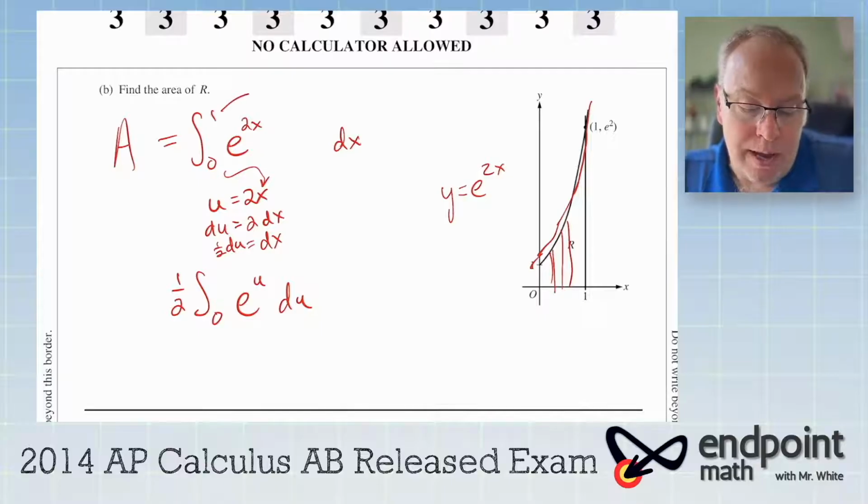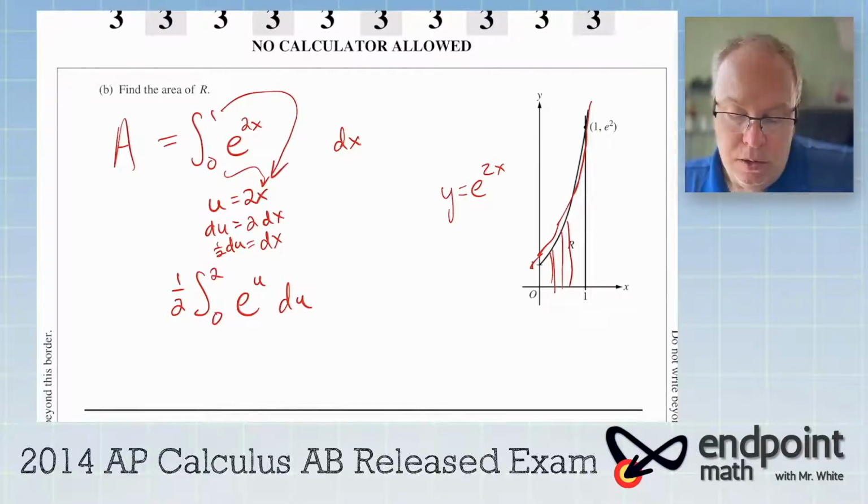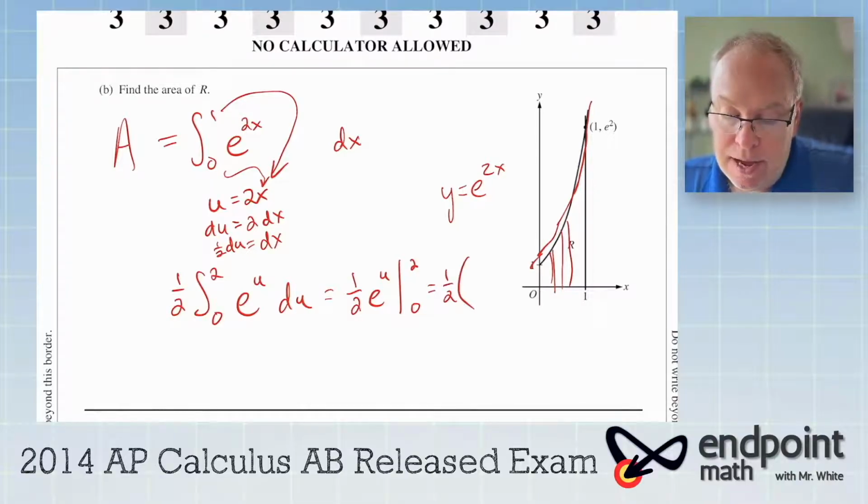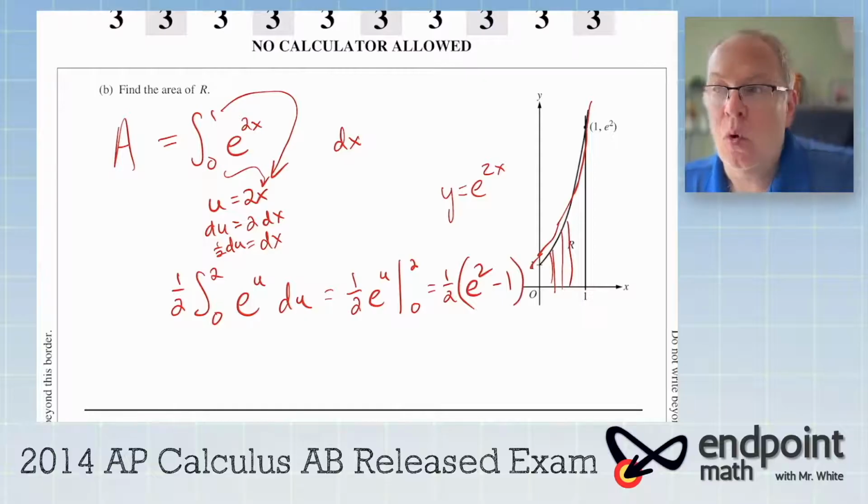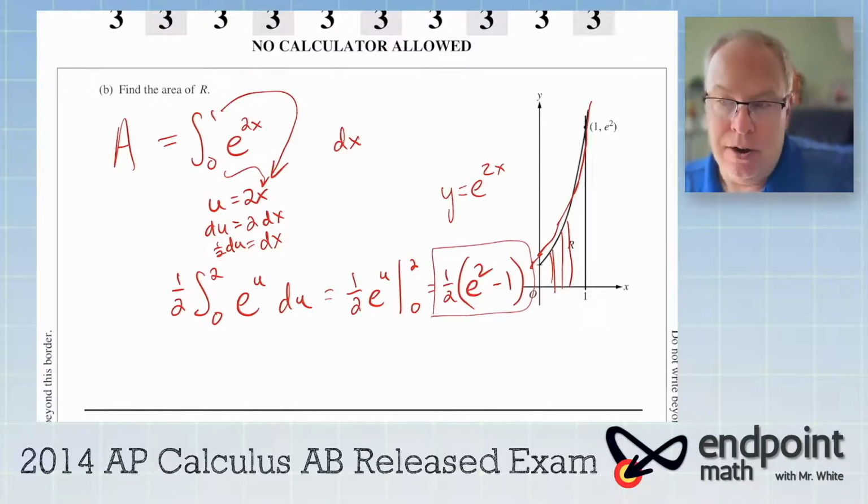If you plug 1 in, you get 2 out. Now you do the antiderivative, and of course the antiderivative is just e to the u. You evaluate it from 0 to 2, and you get 1/2 times the quantity e squared, but don't forget, e to the 0 is 1, so you would have minus 1 there. e squared minus 1 in parentheses, all times 1/2. That would be the area of that region.